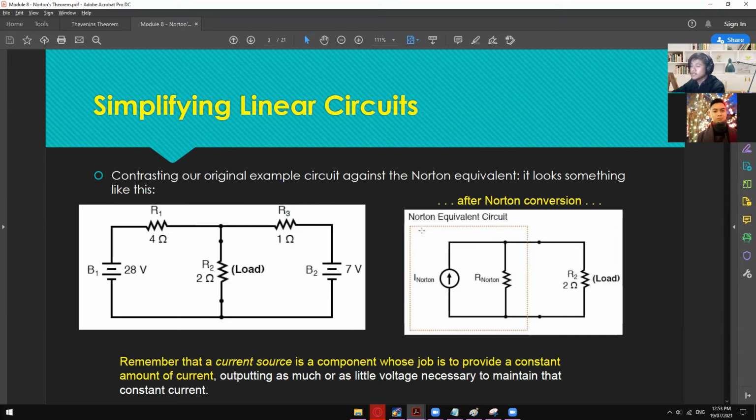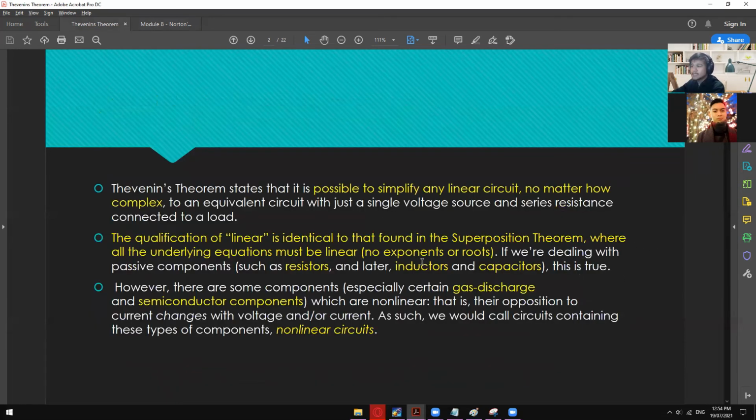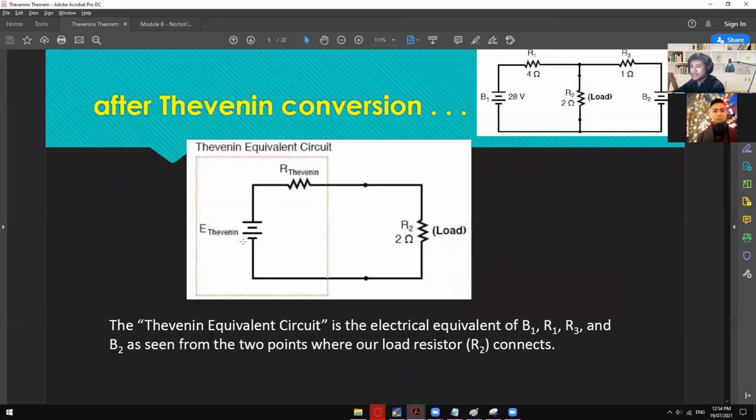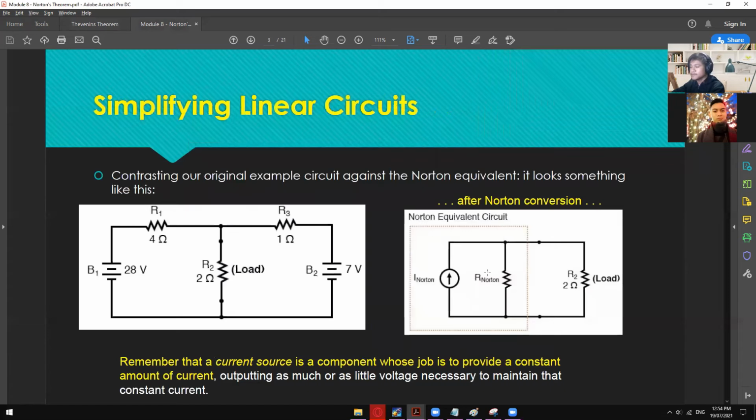Our goal now is converting this into a Norton equivalent circuit. Before, we had a series connection: E Thevenin, R Thevenin, and then R load. In Norton's theorem, we now have a parallel connection: the I Norton, which is your current source, and the R Norton, which is your computed resistance. The R load is still the same.